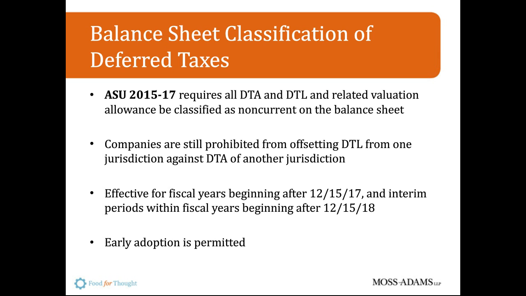So if you've got a federal versus state, you would still separate those and not net the asset to the liability. And this one is going to be effective for fiscal years beginning after December 15th, 2017, and interim periods beginning within fiscal years beginning after December 15th, 2018. And early adoption is permitted on this one as well.